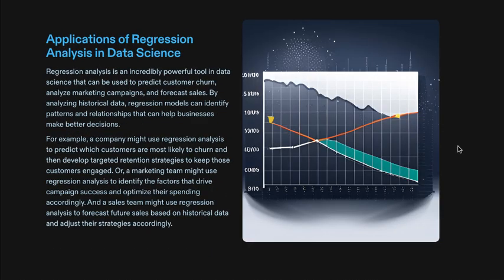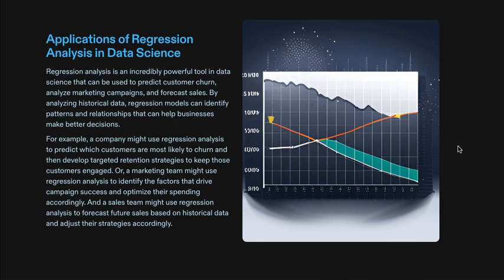Okay, so now what applications can we do with regression analysis in data science? As we have seen, it is an incredibly powerful tool in data science that can be used to predict customer churn, analyze marketing campaigns, and forecast sales. By analyzing historical data, regression models can identify patterns and relationships that can help businesses make better decisions.